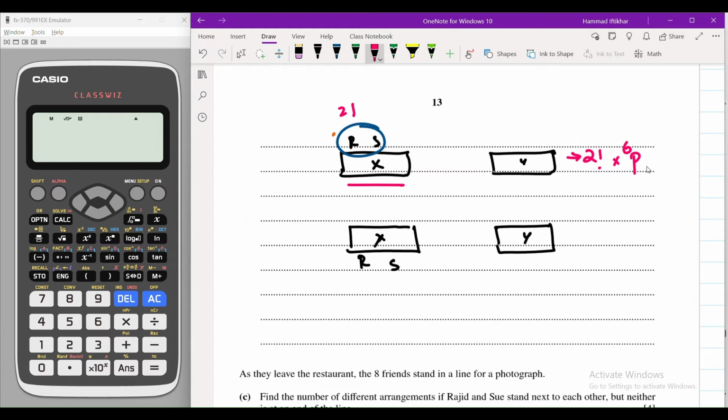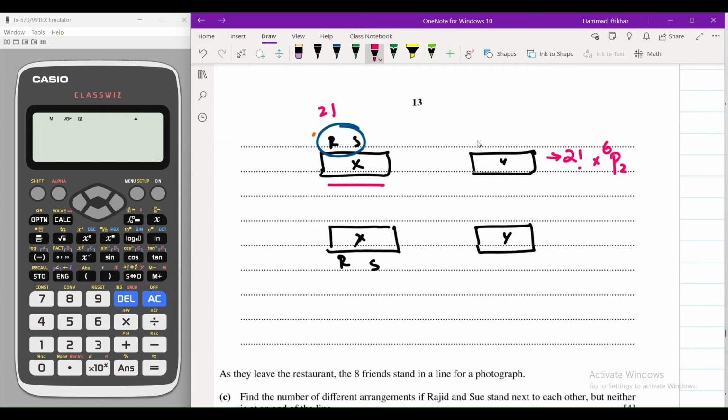So 6P2. And then how many people are left? 4 people are left, so 4P4. And since this scenario is exactly the same, we just times it by 2.